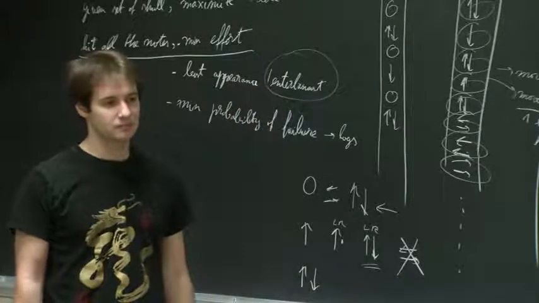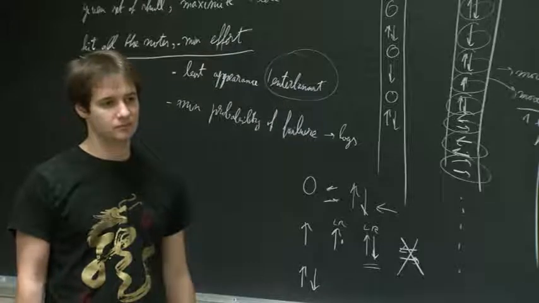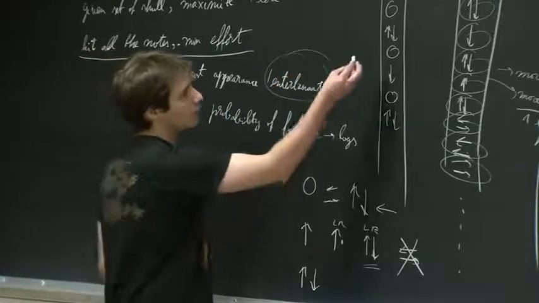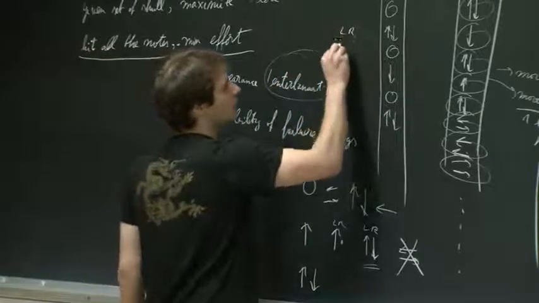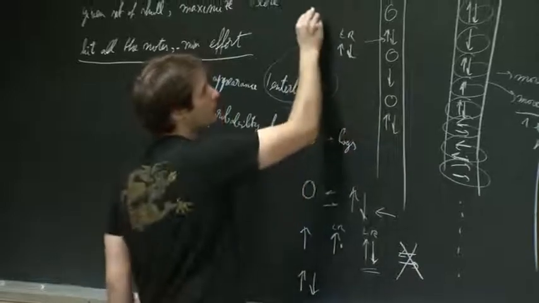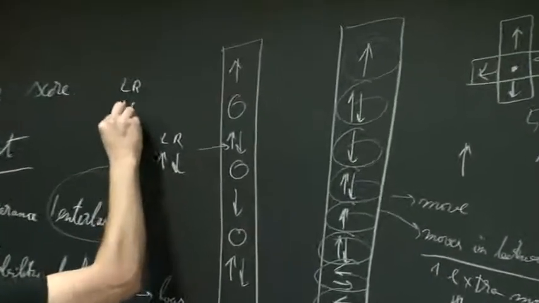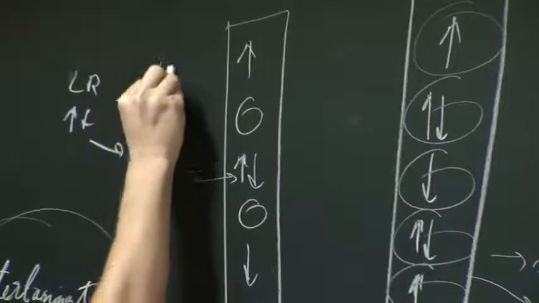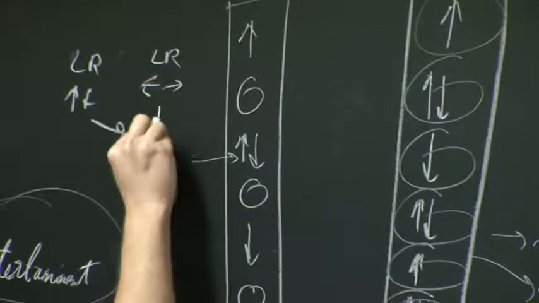Yep, there's multiple moves connecting each. So for example, if I want to get to LR up down here, I can go from LR up down in the blank, or I could have LR be like this and then transition.